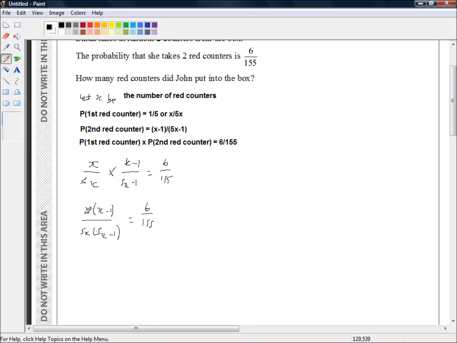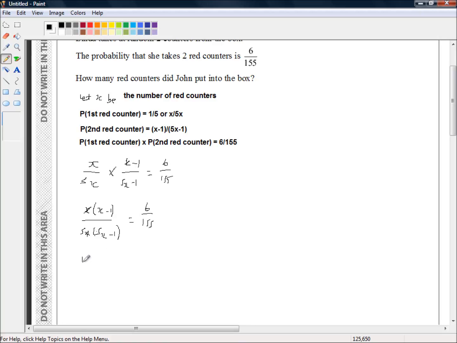We can now cancel x from top and bottom. So we now can pull the denominator here up to the numerator here and the denominator here up to the numerator here to simplify this equation.